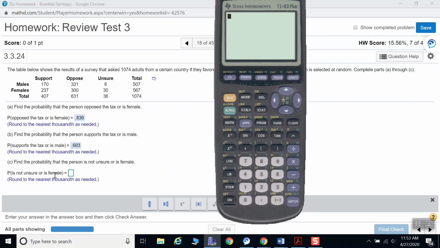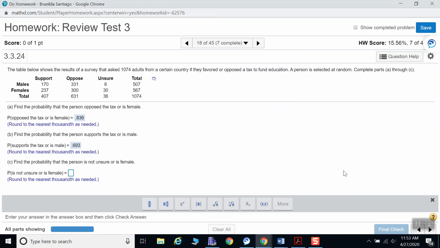Okay, so it's not unsure or female. We're going to work with the complement. The complement of not unsure or is female is going to be the probability of being sure and being a male. So the probability that you are decided and you are a male.